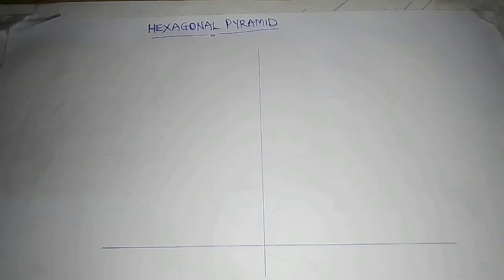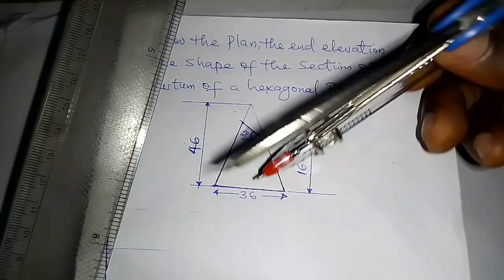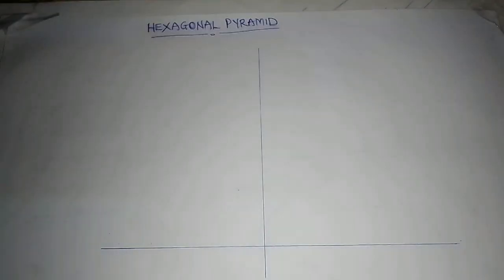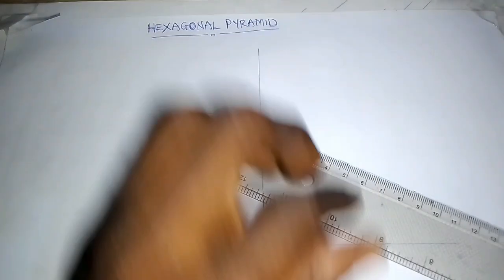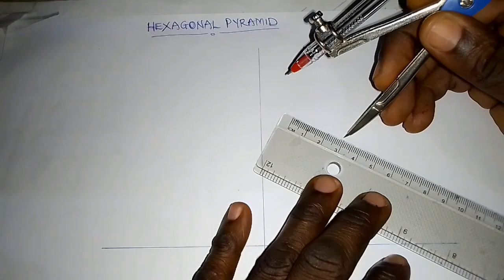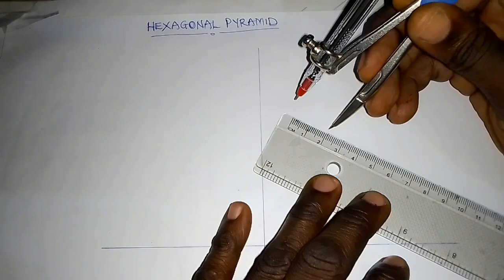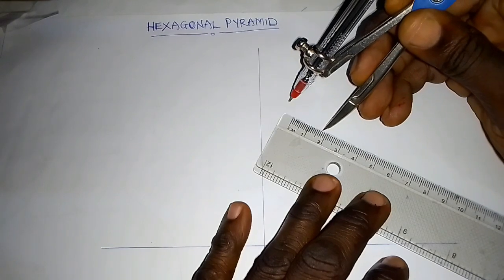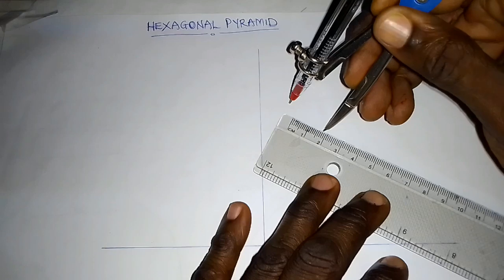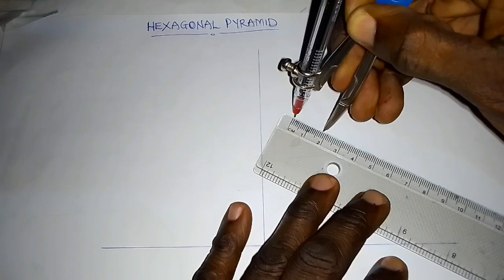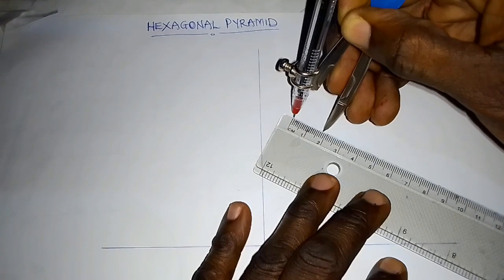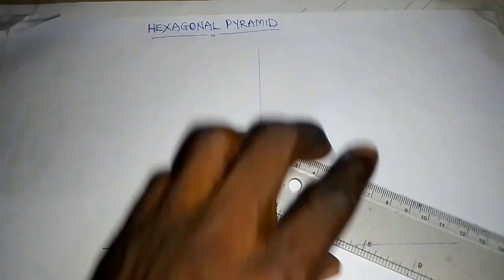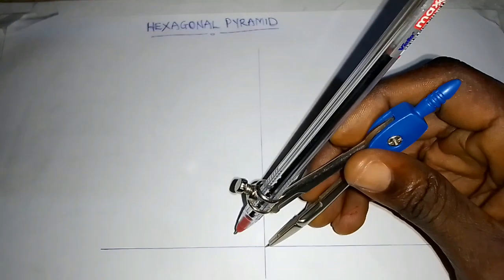So we have this. At this point now, we are going to measure 1.8, because when we divide this 36 by 2, we have 1.8, which will be the radius of the circle that we'll be using to draw the hexagon. This 1.8, place at this point here.